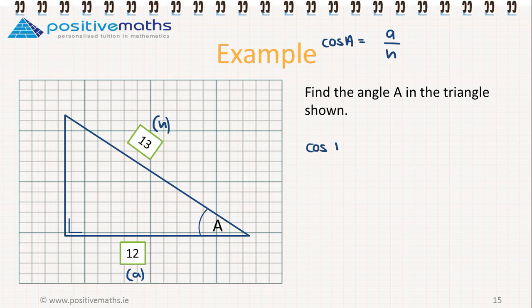So we write down that the cosine of the angle A is equal to adjacent over hypotenuse, so that's 12 over 13. The next thing we can do is to find 12 over 13 in decimal form. So that's going to give us 0.9231.